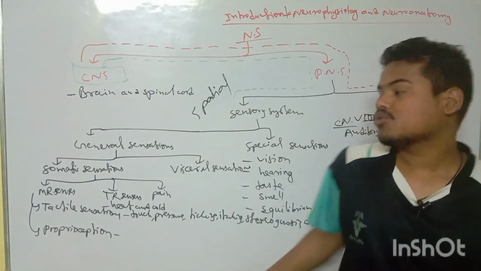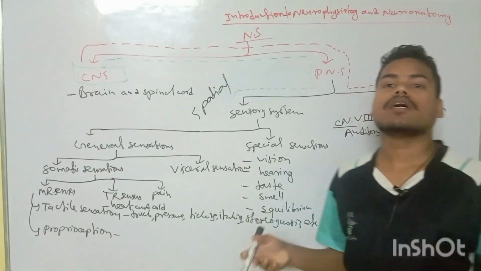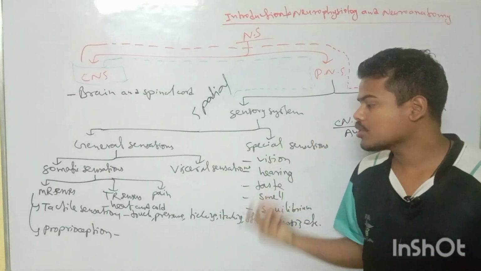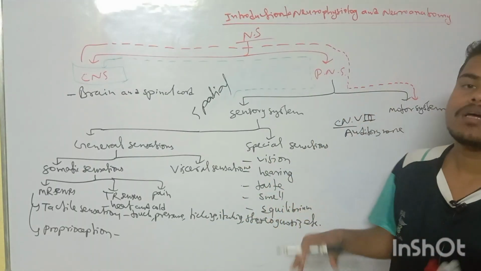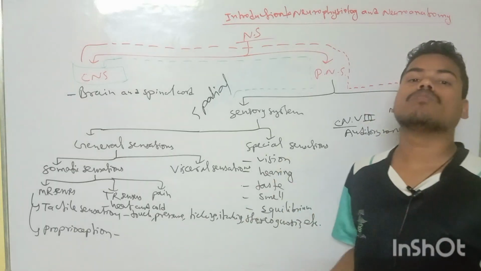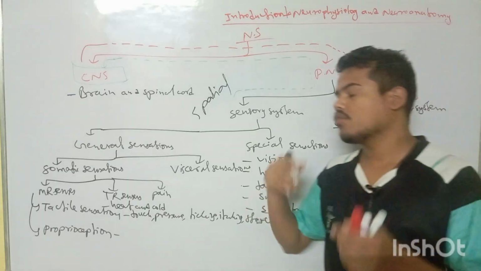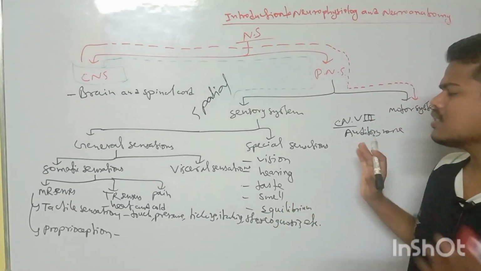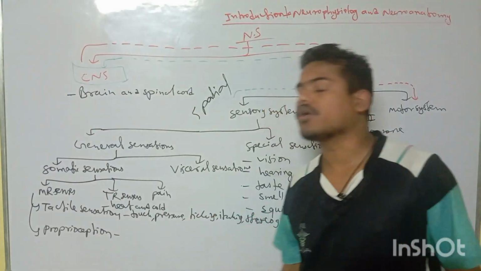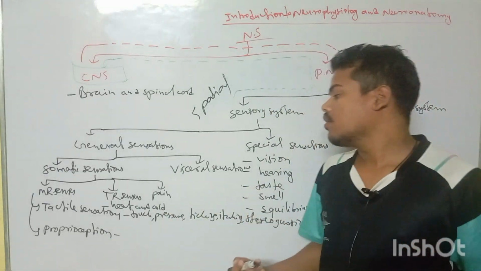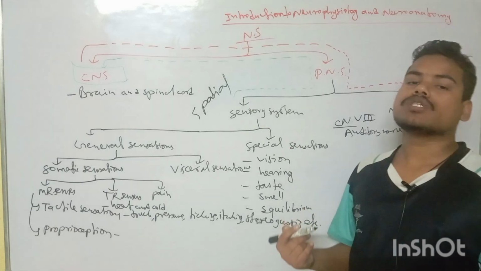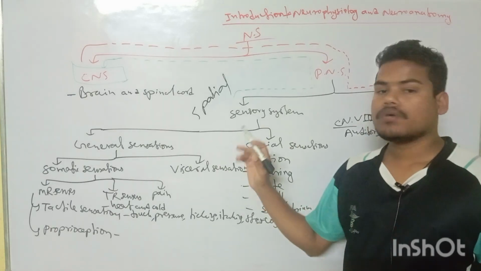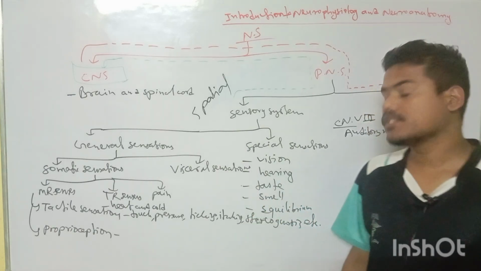Now the point is, what is proprioception? Like the musculoskeletal system, what is its function? The main function of this musculoskeletal system is movement or locomotion. Like we ride, we walk, we run. All these are locomotory functions, and we do these functions with the help of the musculoskeletal system.